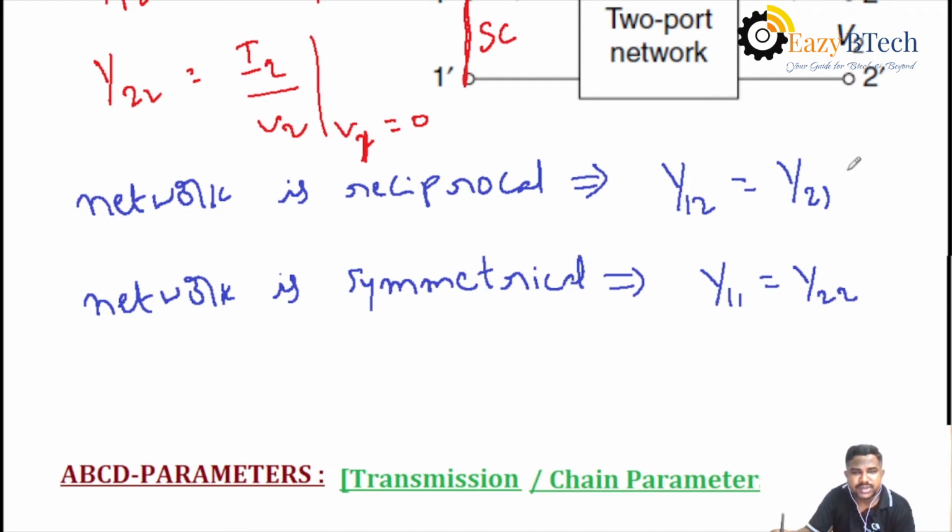If both conditions are satisfied, then the given circuit is reciprocal as well as symmetrical.